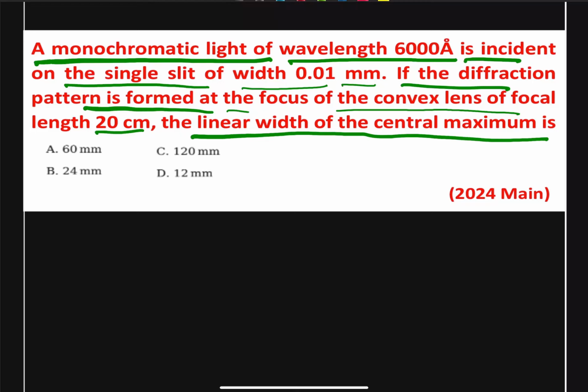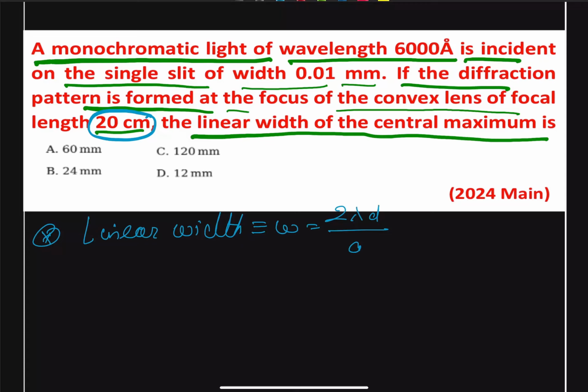So we can just use the direct formula, and it states that the linear width represented as W will be equal to 2 lambda D divided by A. A is the width, lambda is the wavelength, and the focus is because of the focal length of 20 centimeter, so the screen will be at a distance of 20 centimeter. So we substitute the values.